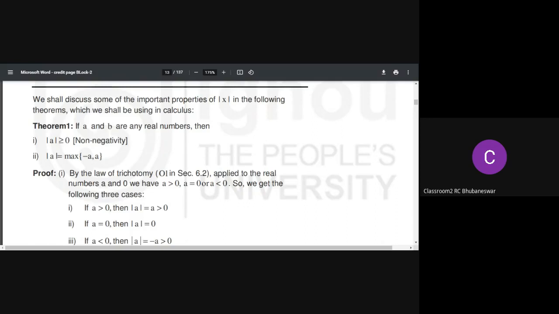This property is known as the non-negativity condition. And here, modulus of a is represented as the maximum of minus a comma a. The same has been proved with the help of some inequality properties, and the readers are advised to go through the proof of these theorems.